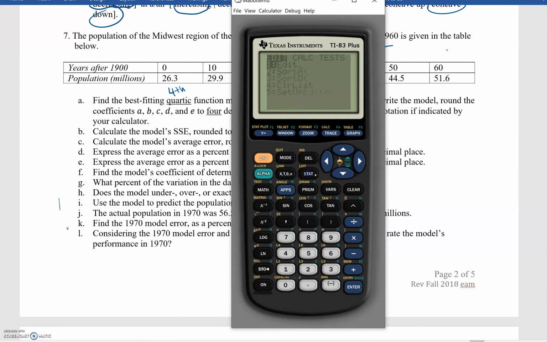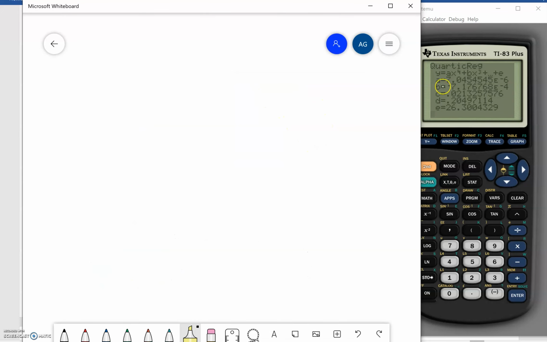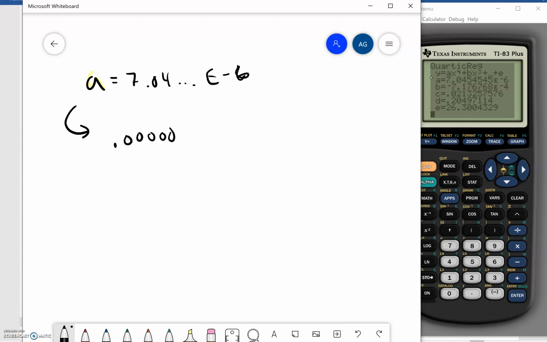Just to make sure you don't misunderstand these coefficients, if we wanted to write down the model, this first value, notice it says A equals 7.04 e to the minus 6. What that means is that the A coefficient is 0.00000704. 1, 2, 3, 4, 5, 6.